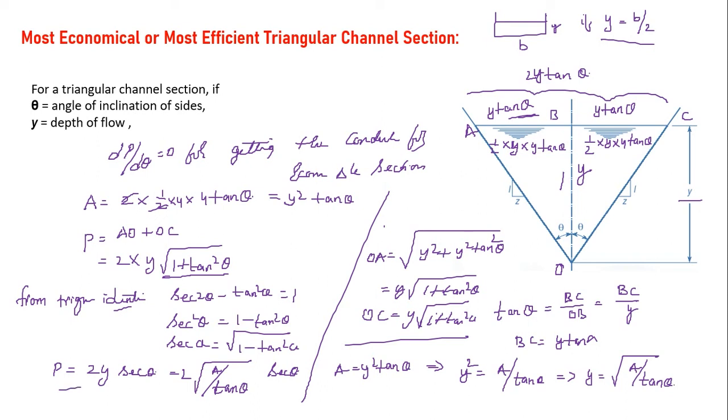In order to get the condition, what I have to do is just differentiate the perimeter with respect to theta and equate it to 0. Okay, so let us continue here.